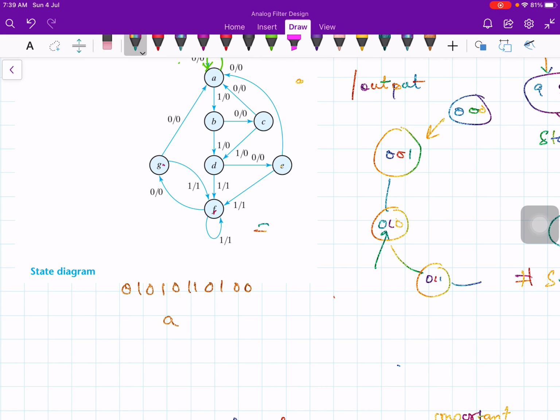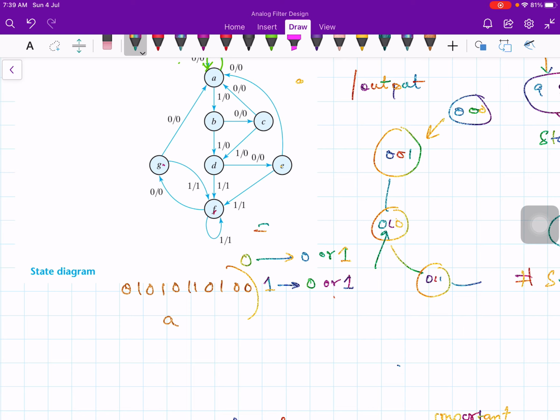So if we apply 0 to the sequential circuit, the output will be 0 or 1. If we apply 1, then the output will be 0 or 1, and it may go to the next state or may not.